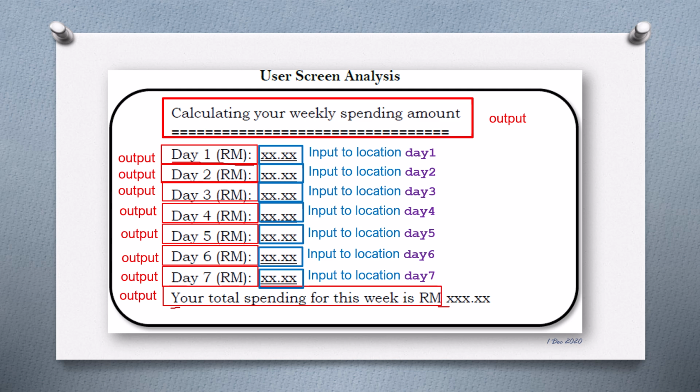And this one is the output value of the location. There is one location here, and that location stores the total values. You have to add up all of the values and then store into this location. So let us call this location total all. So there you have the analysis already.